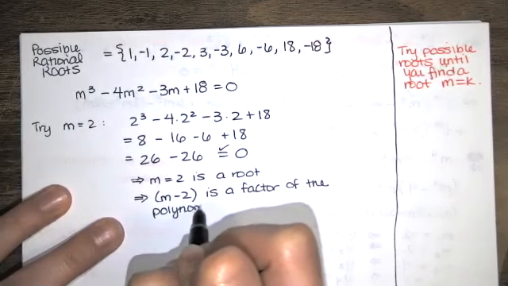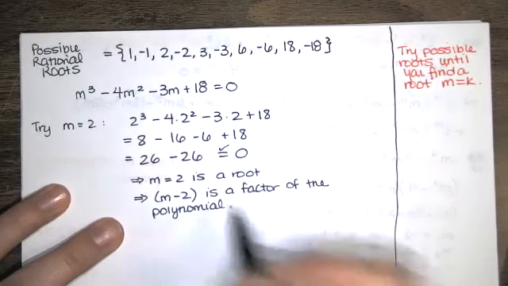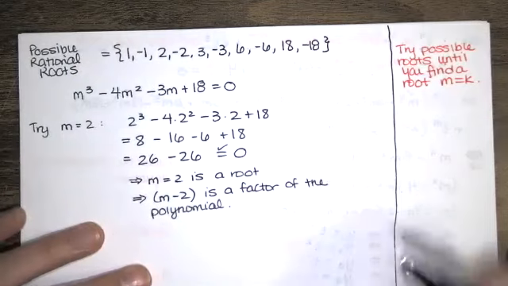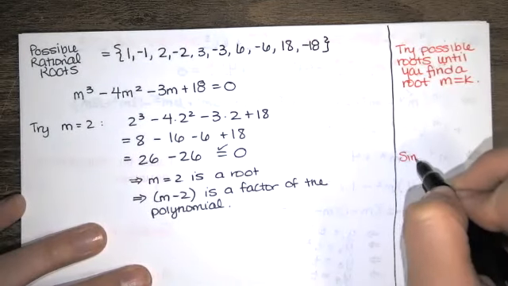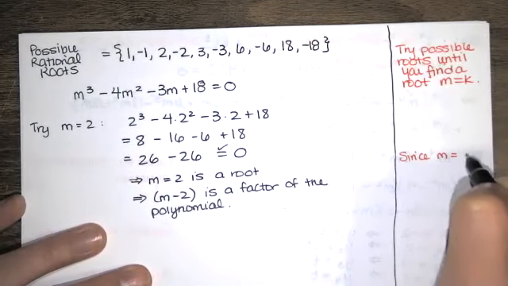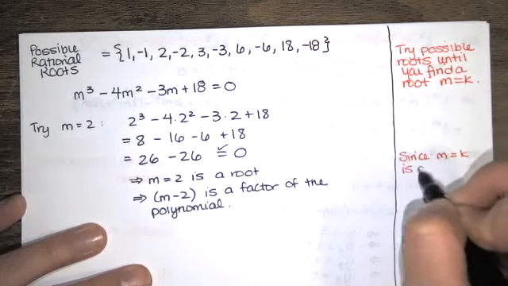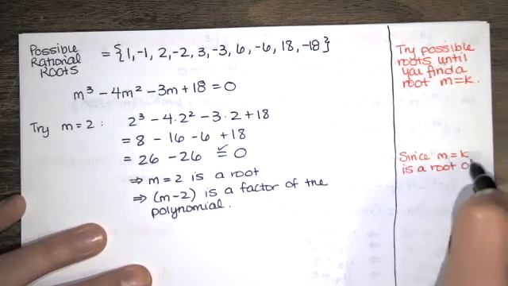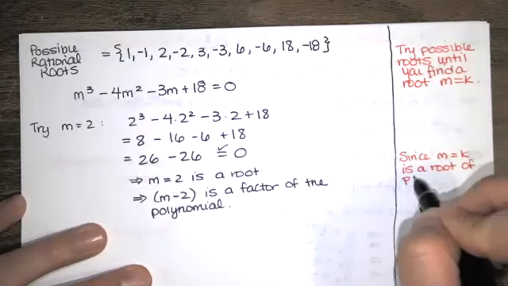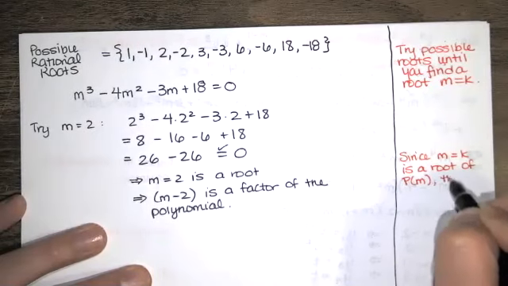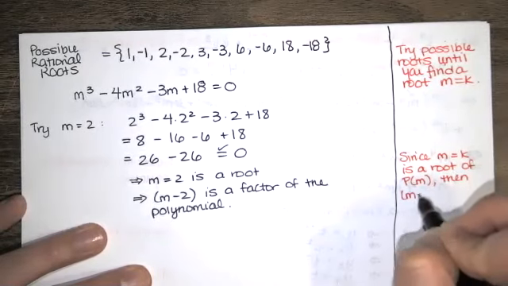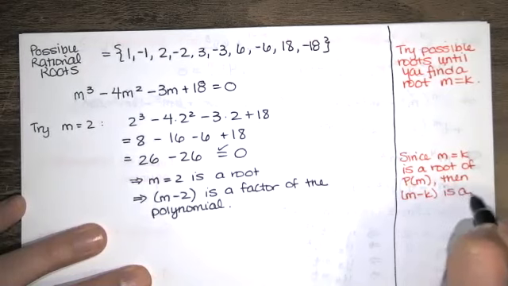That's just a fact about polynomials. Since m equals k is a root of the polynomial, then m minus k is a factor of the polynomial.